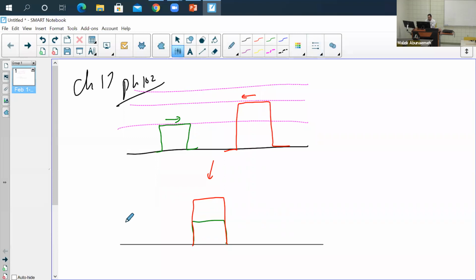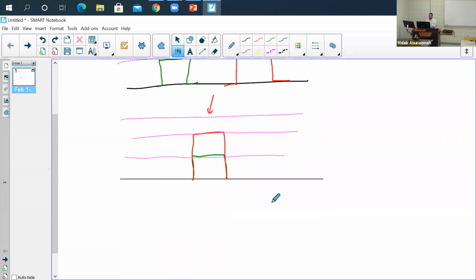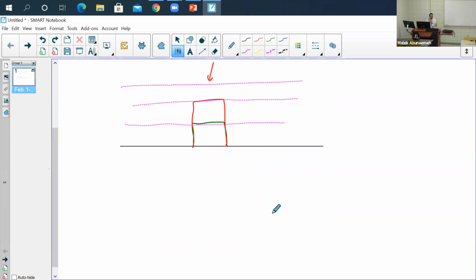So this is the first unit for the green one. This is the second unit for the red one, and this is going to be your resultant wave. So you get 2 waves coming in. They're going to meet up. So basically, they're adding up. So this side is adding up to this side right now.